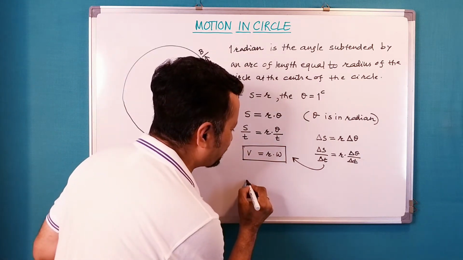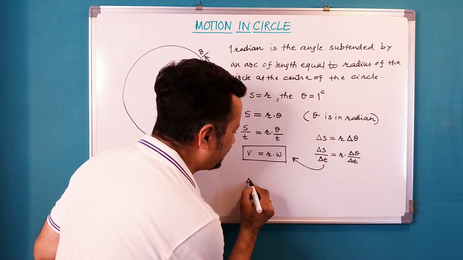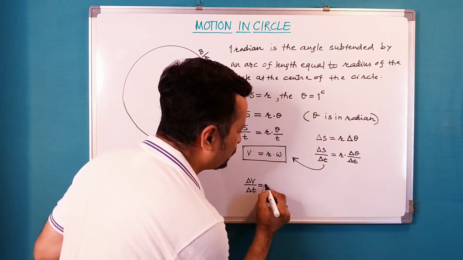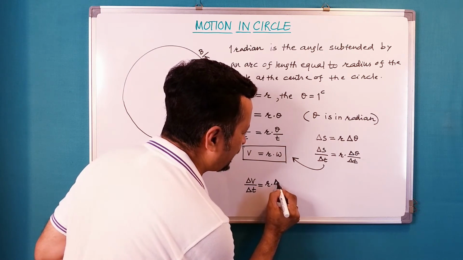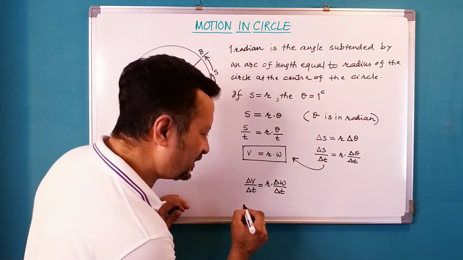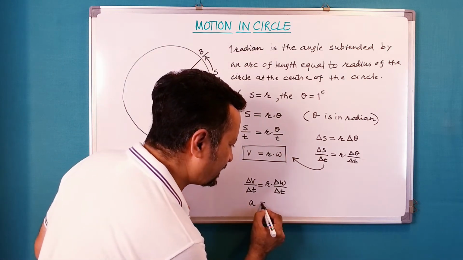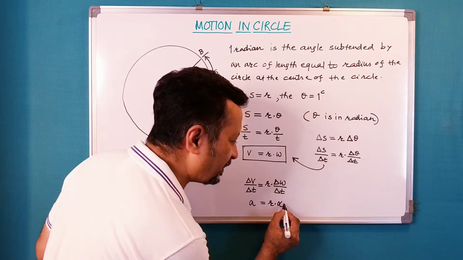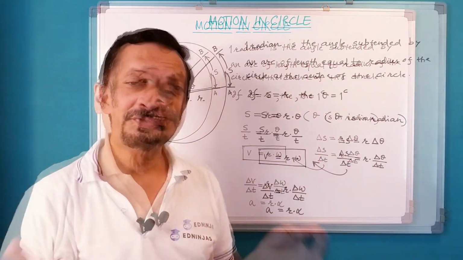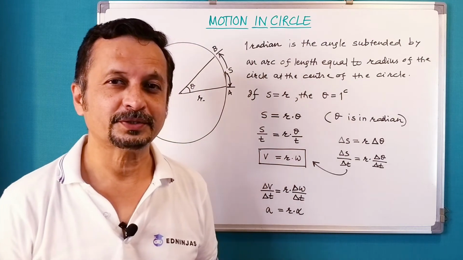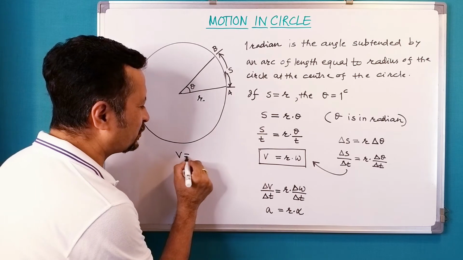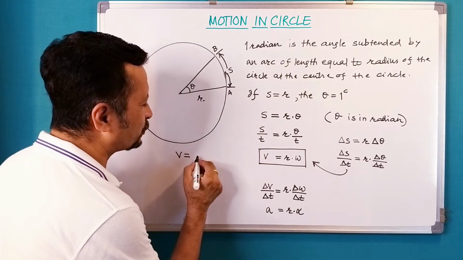So my delta v by delta t would be equal to R into delta omega by delta t. But then here this acceleration would be equal to R multiplied by alpha. We denote this angular acceleration by alpha, but what if it is uniform circular motion? We need to find that out. So over here I am going to write V is equal to omega into R.